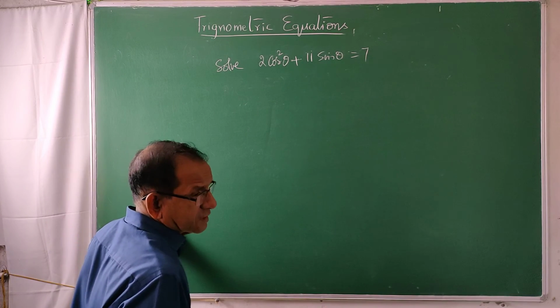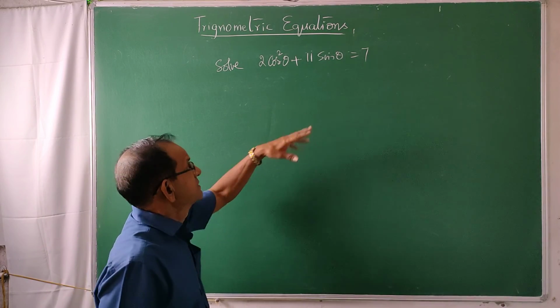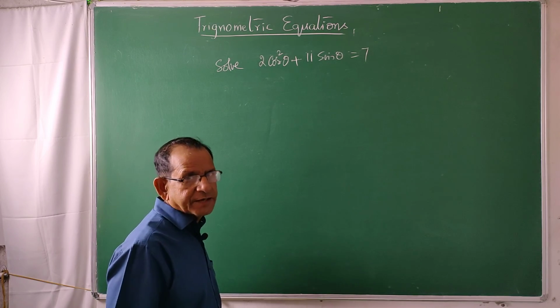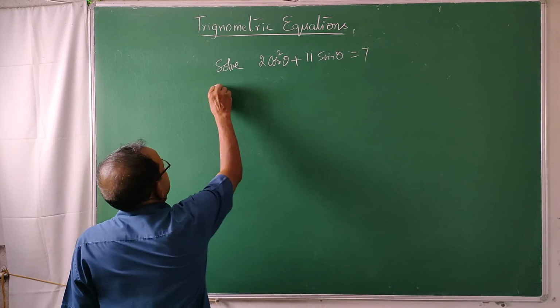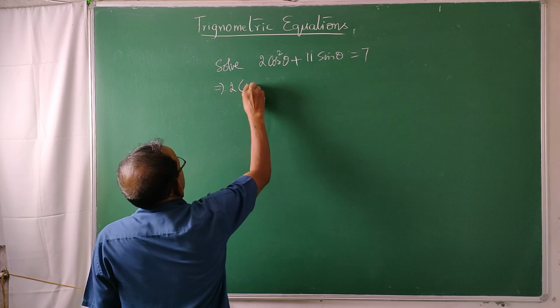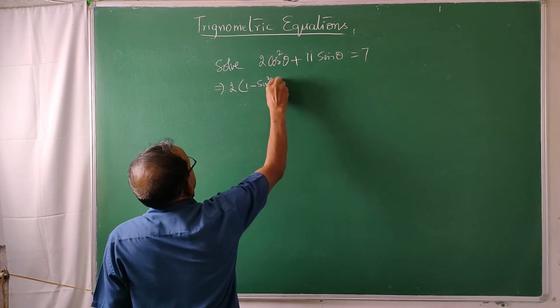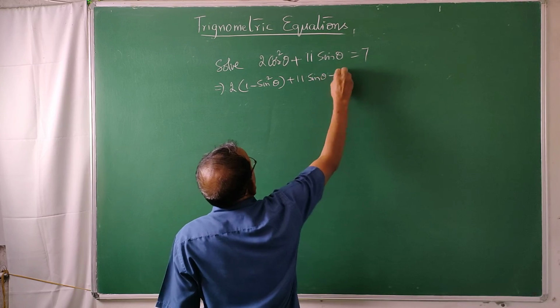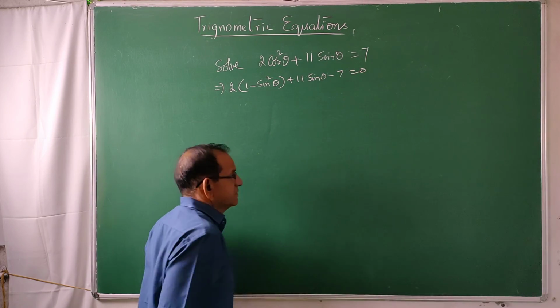Now this is also in terms of cos theta and sin theta. Let us convert this equation to sin terms totally. That implies 2 into 1 minus sin square theta plus 11 sin theta minus 7 is equal to 0.